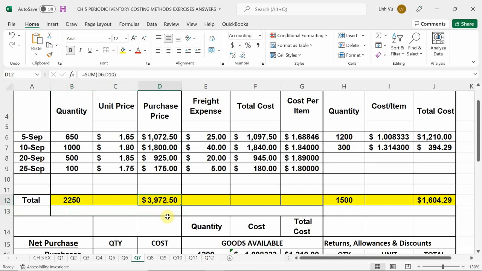What is my total freight? $90. And last but not least, what is my total cost?